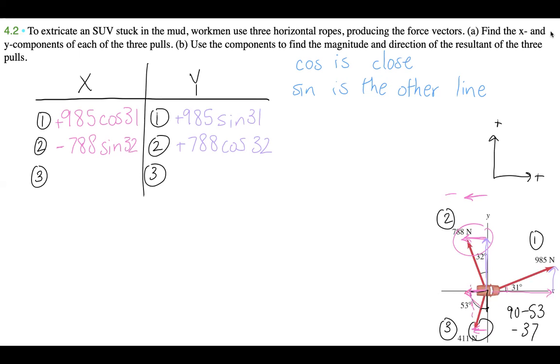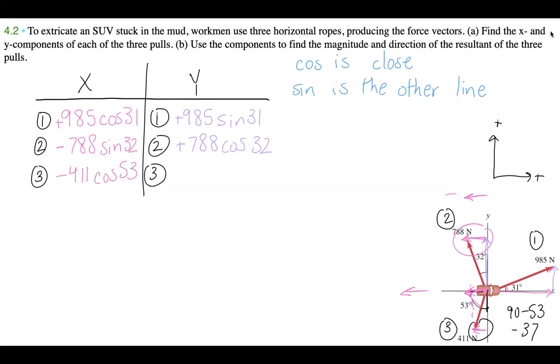And because it's the one that touches the tail of the vector, that's going to be 411 cos 53, right? And this time it's not positioned in the positive direction, it's pointing this way, so it's negative. So it's minus 411 cos 53.